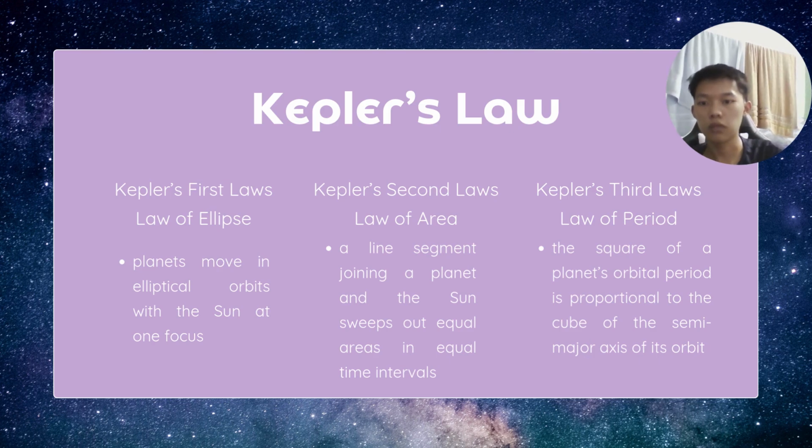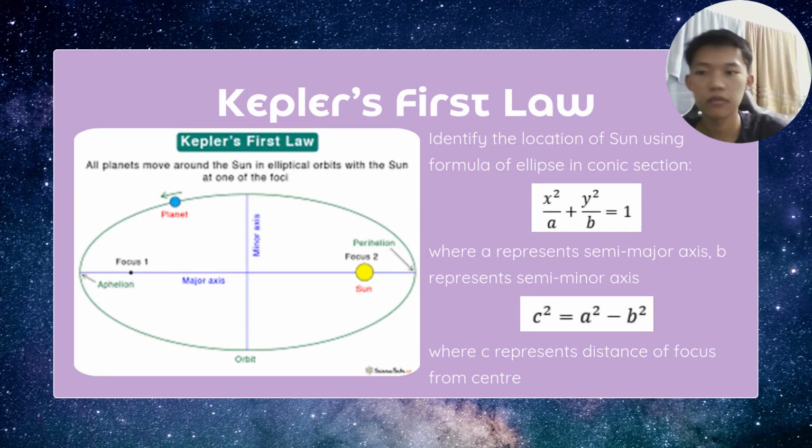And Kepler's third law is the law of periods. The law of periods states that the square of the planet's orbital period is directly proportional to the cube of its semi-major axis. It means that planets farther from the sun take longer to complete an orbit. This law helps astronomers predict planetary motion and is fundamental in celestial mechanics.